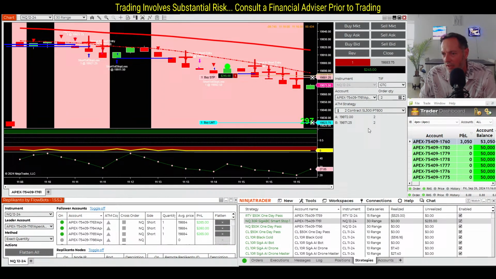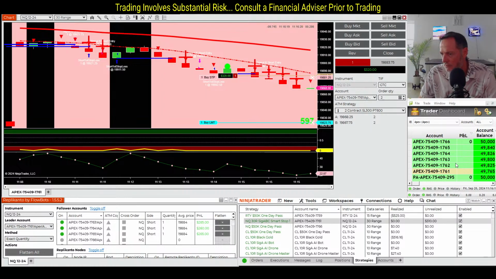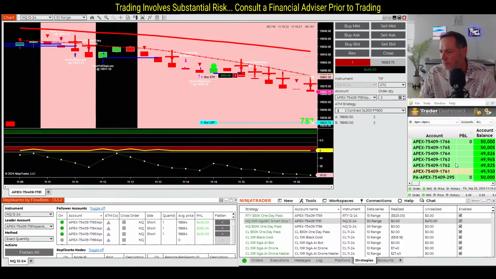We got five ticks in, held in here. $300 trade across 5 accounts. $400 trade. Come on, we gotta get back to even here.